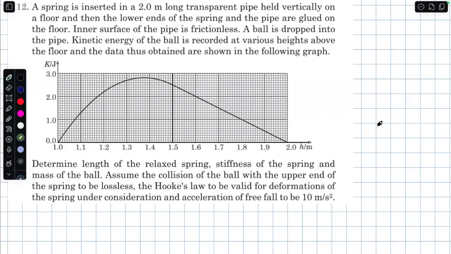Right. If you notice, there are some portions marked like this. You can see this portion. We will call this B and we will call this C. You can see B to C is a straight line. B to C is a straight line path.